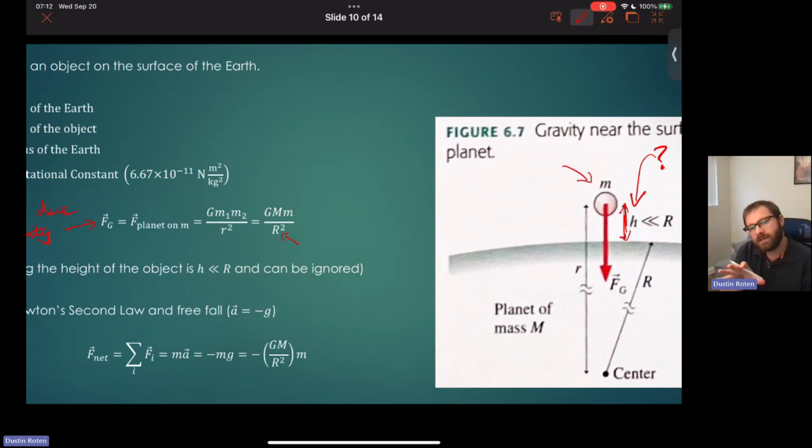What's going on here is I'm saying the radius of the Earth is so big, and h, the altitude of this object above the surface of the Earth, is so small, that we can ignore it. So we're just going to consider the distance from the center of the Earth, which is just r. So this is just an approximation.